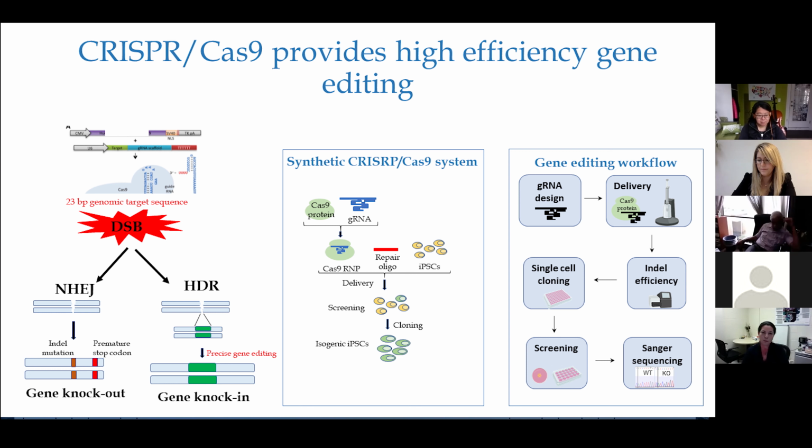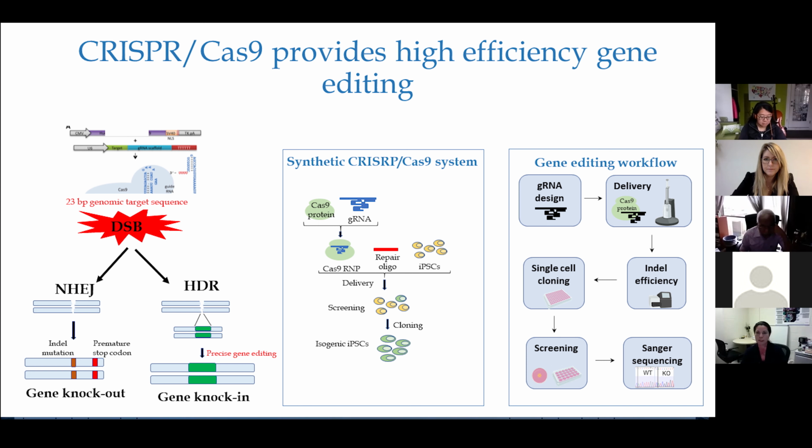In addition to that, we use a synthetic system, meaning we will deliver these components into the cells by electroporation. They will be present for a few hours and then disappear. So we will have the recombinant Cas9 protein, the designed guide RNA, and here we have the repair oligo to repair that point mutation. And then we will screen and select clones that are correct.